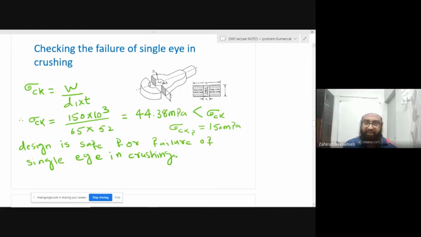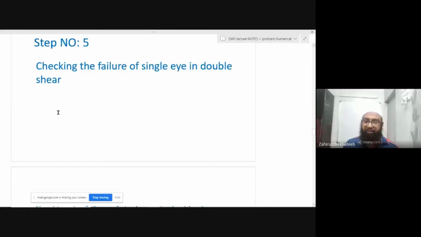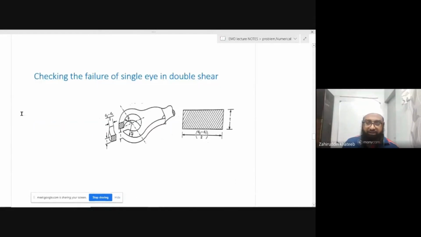Now we will move to the next step, that is checking the failure of single eye in double shear. Again we have a formula: tau, the shear stress, is equal to W upon (d2 minus d1) into t.